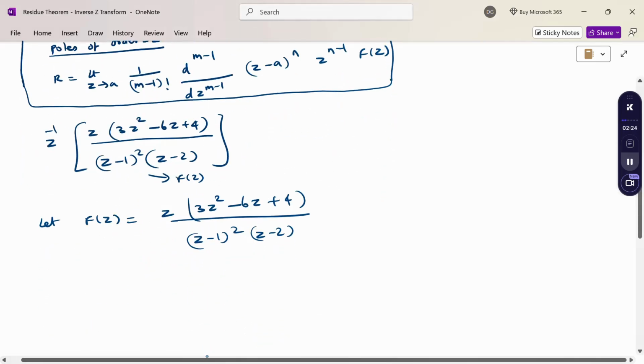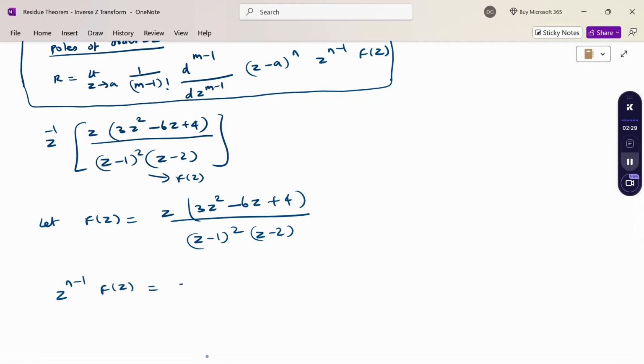Now multiply both sides by z^(n−1). Therefore z^(n−1) f(z) is (3z² − 6z + 4) divided by (z − 1)²(z − 2).